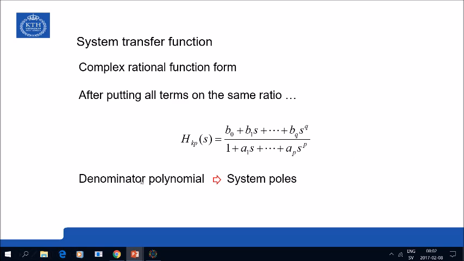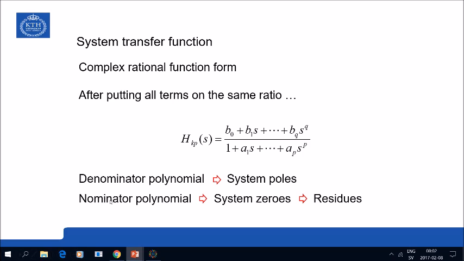The denominator polynomial gives us the system poles. It's actually the roots of the denominator polynomial, whereas the numerator polynomial will give us the system zeros, from which we can reconstruct the residues, and from the residues we can later on reconstruct the mode shape vectors.